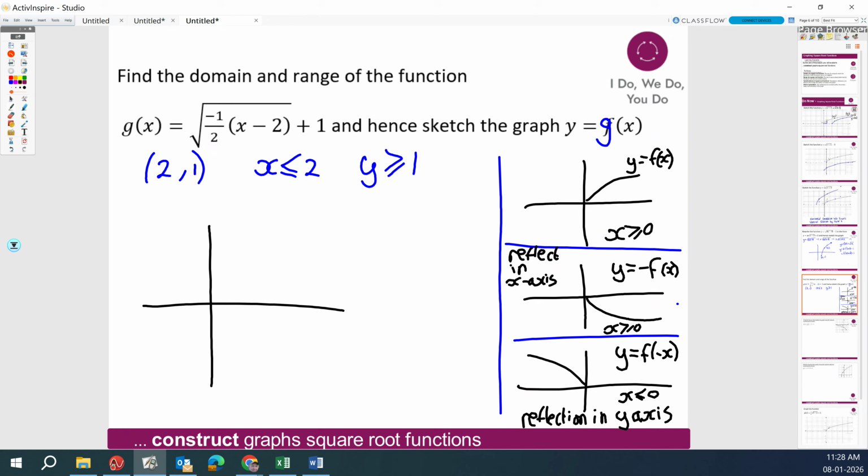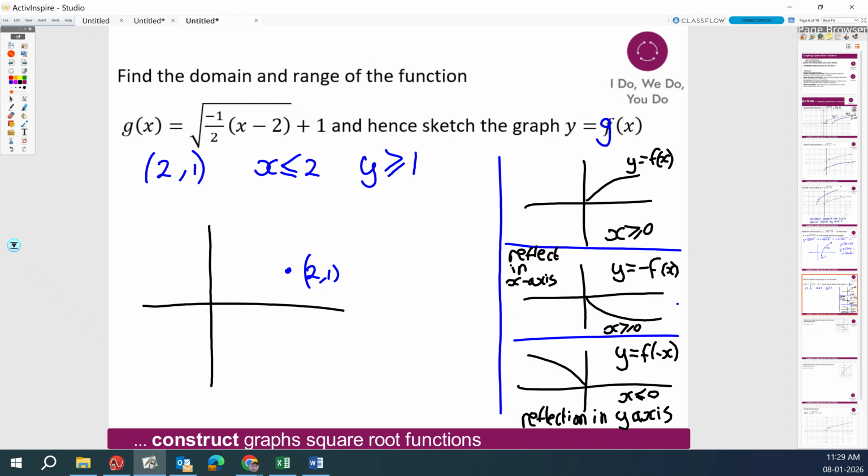So where is the vertex of this one? It says 2, 1. So it's going to go through here at 2, 1. Which direction are we going to go in? Towards positive infinity or negative infinity? In the x-axis, negative infinity. And in the y-axis?